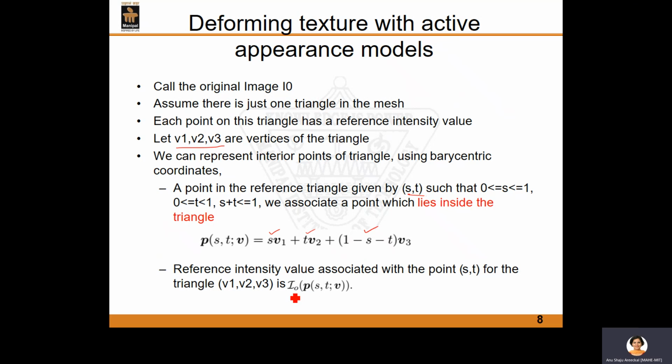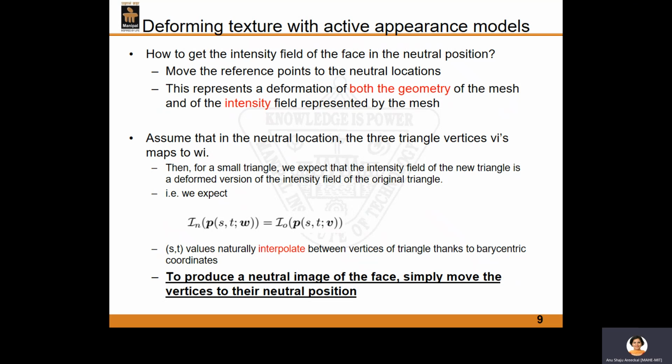Now here, this I naught. If we assume the original image that we are considering to be I naught, then the reference intensity value which you're looking for can be represented as I naught of P of (s, t, V). So next, given this original image with the pixel intensity values, we want to map this I naught to the new target image, which can be represented by, say, In.